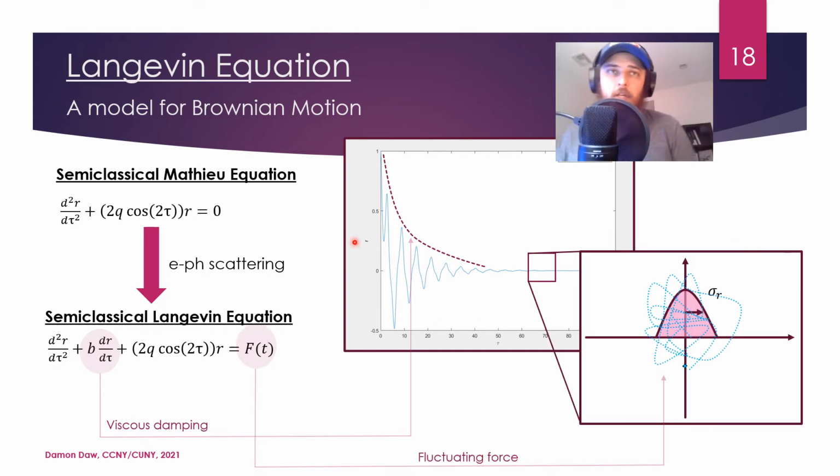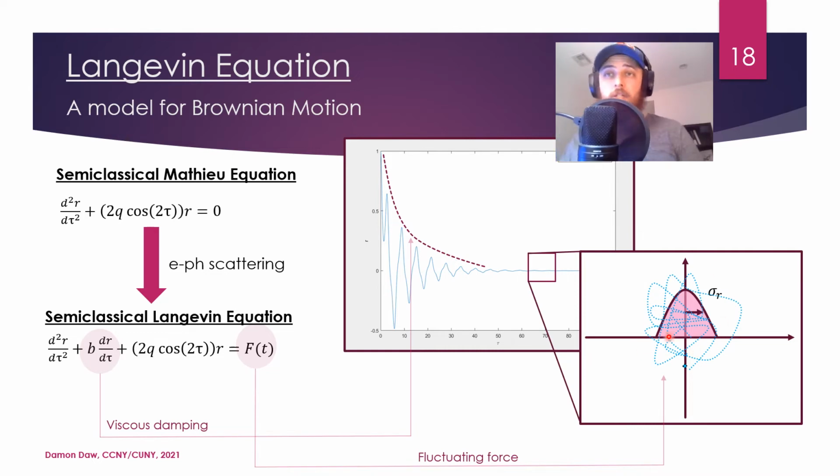And it turns out that although this viscous damping term will damp the trajectories of particles down to the center of the trap, they won't just sit there, because the phonons will keep colliding with them and keep perturbing them from the center of the trap.